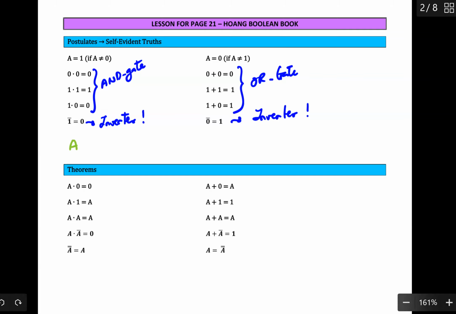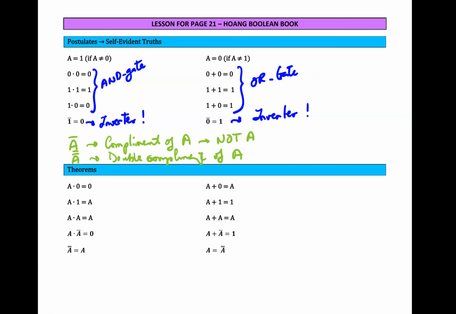If I have a bar on top of A, I can say A inverted, or the inverse of A, or I will say complement of A. Or I can say not A. If I have the double bar on top of A, I will say double complement of A. Alright, so let's keep this in mind.